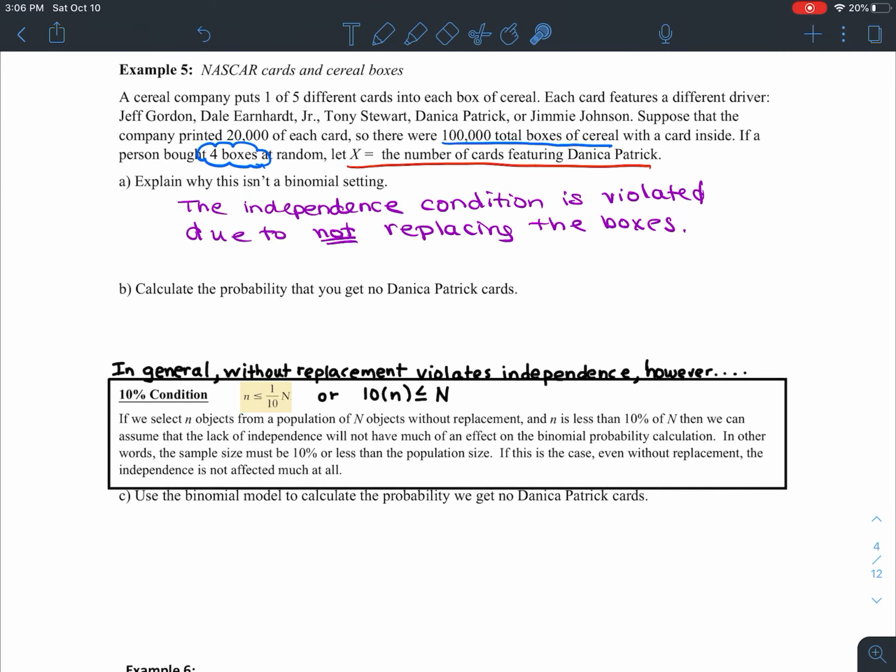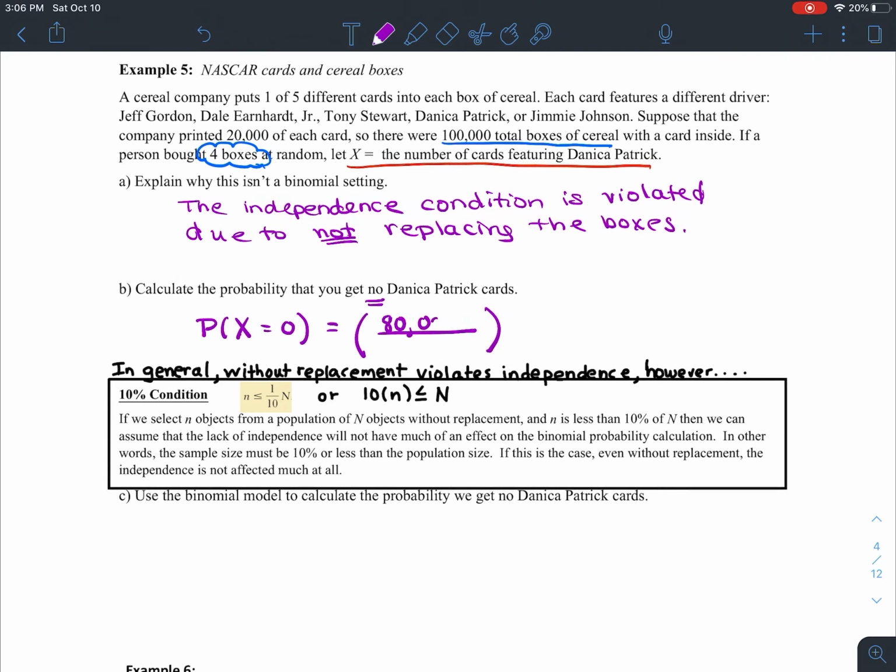So this is asking us to calculate the probability that you would get no Danica Patrick cards. Okay, so we're looking at the probability that X equals 0. Now remember, this is not a binomial setting because the independence condition is not being met, so I cannot use the binomial formula or binomial PDF. I'm simply going to use the concept of probability.